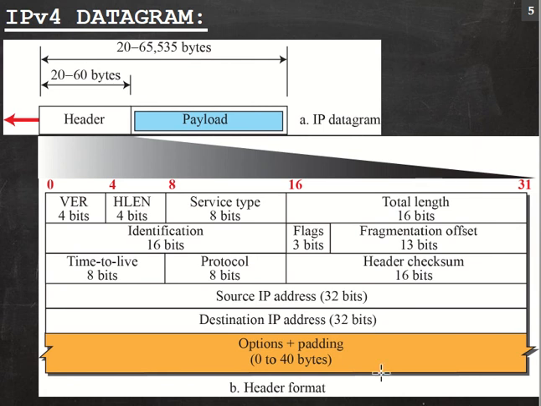And the last one is the optional field plus padding field, that is any data to be added plus the padding data, of 0 to 40 bytes. So this entire thing will be available in the IPv4 datagram. With this, we'll go into detail on what each field actually represents, and the use of each of these fields in the IPv4 datagram.